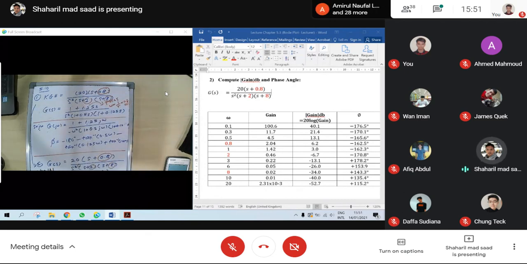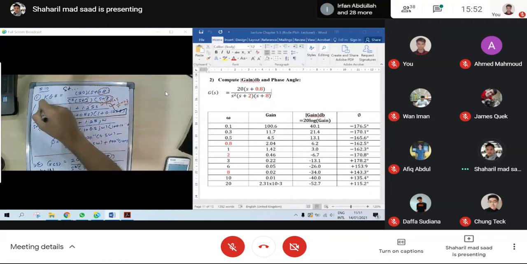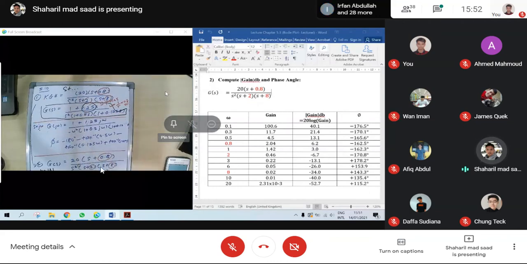However, you need to bear in mind that this one needs to be s plus something. S plus something. All right. It's not 1 plus 1.25s. Okay. If your equation starts like this one and you straight away take this value, it will be wrong.